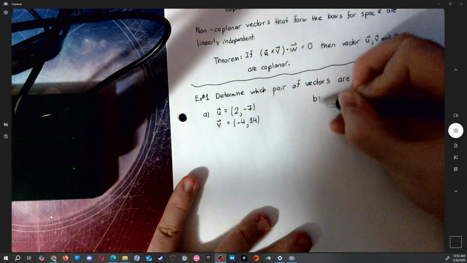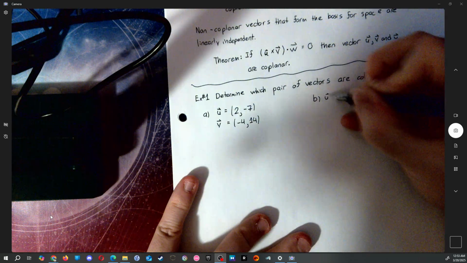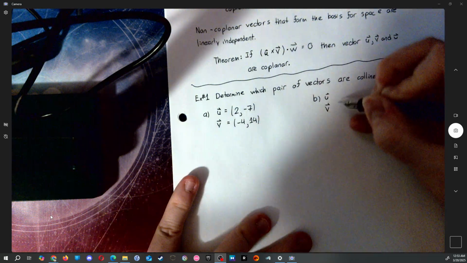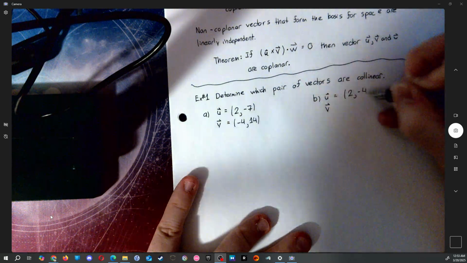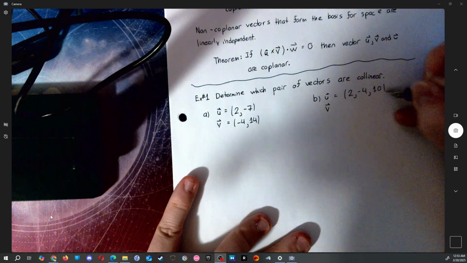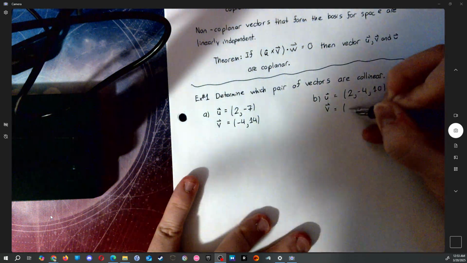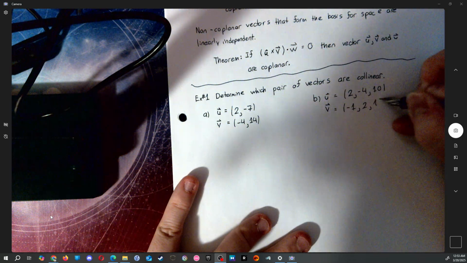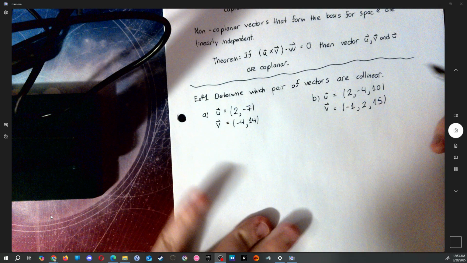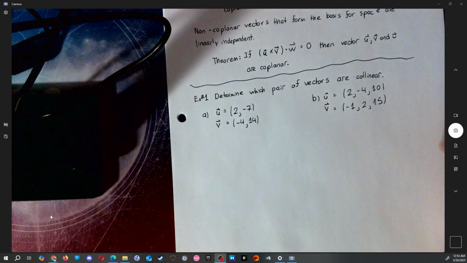So that's part A, and then my two vectors for part B. So now give these a try and unpause the video when you want to see the solution.